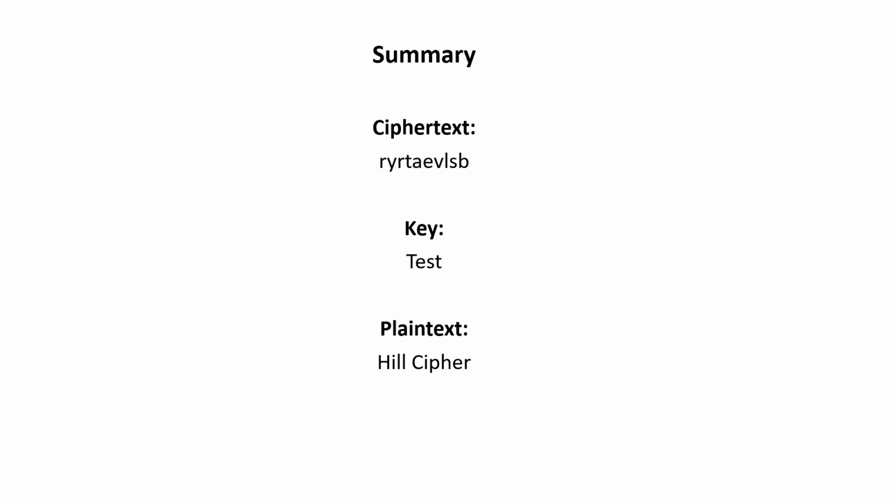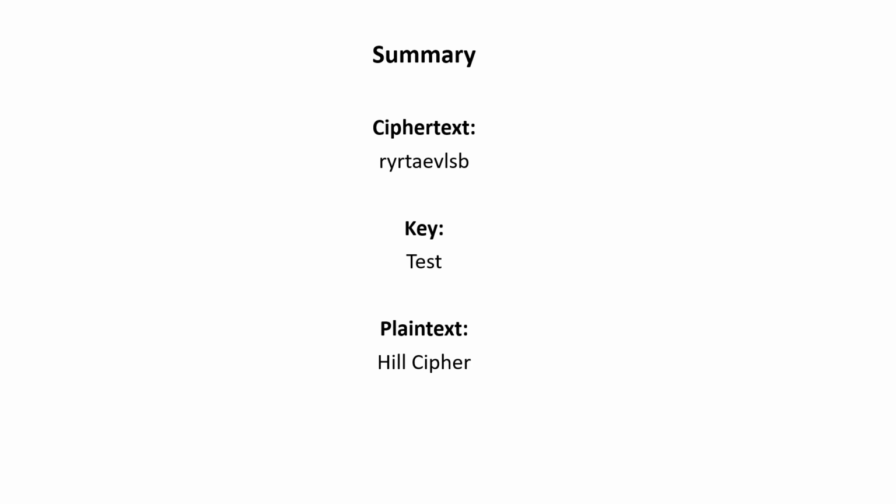That was the whole point. Of course, we know that the plaintext is Hill Cipher, but we're trying to retrieve that information. For decryption, we have to find the inverse of our key. We know the key has an inverse. This may not be the case all the time, so this is something that you need to check by finding the GCD and the determinant of the key.